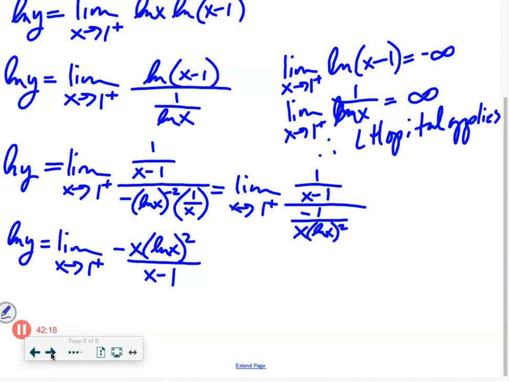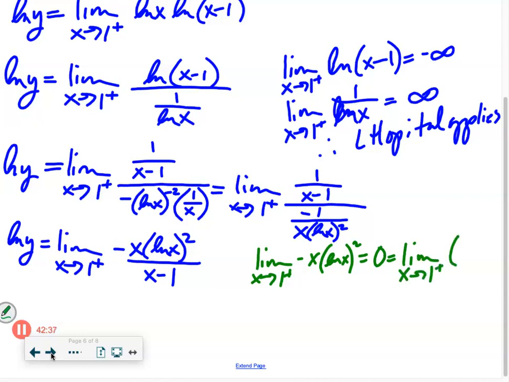We get to L'Hopital again, right? Okay, so I'm going to write my justification over here. The limit of negative x ln x squared equals 0. The limit of x minus 1 equals 0. L'Hopital applies.